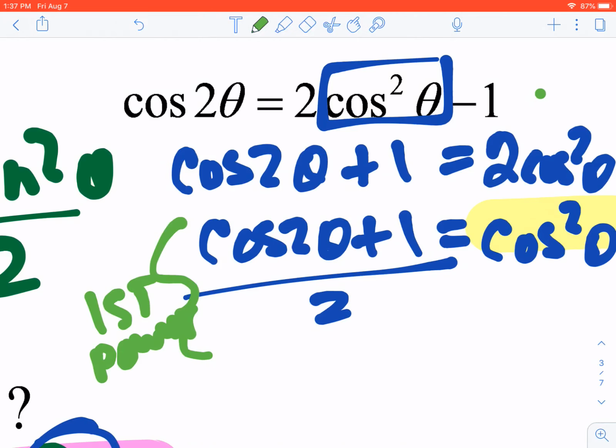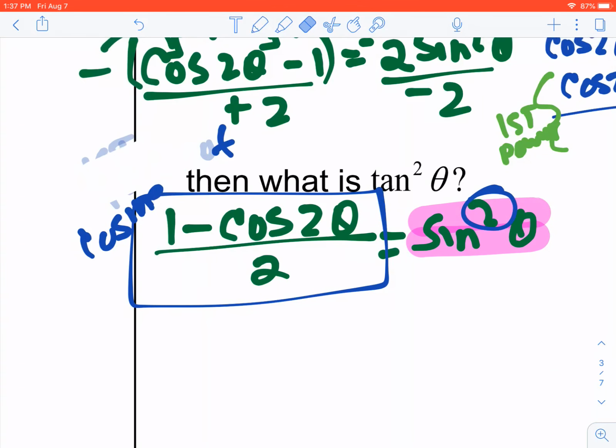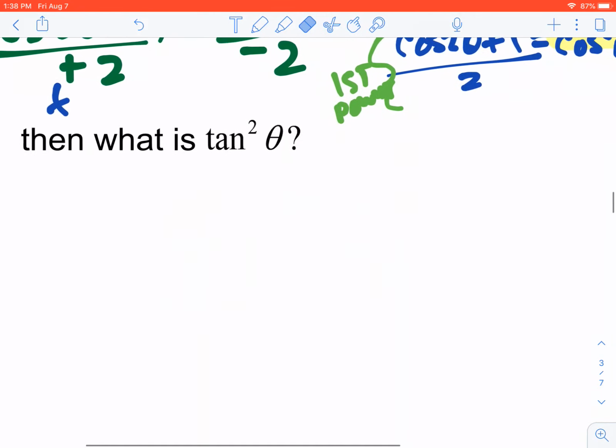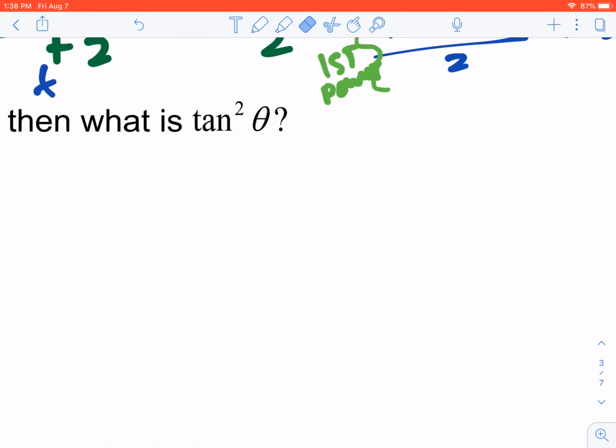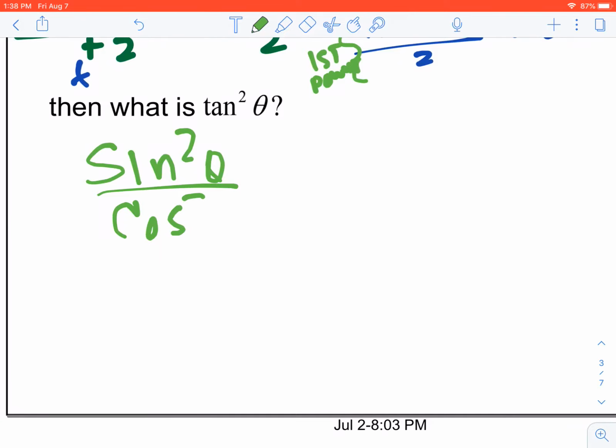All right, so the one thing we're going to do when we power reduce tangent squared: we aren't going to go back to a particular double angle formula. We're going to use what we learned in the past two power reducing derivations. So we know that the tangent squared of theta is equal to the sine squared of theta over the cosine squared of theta.